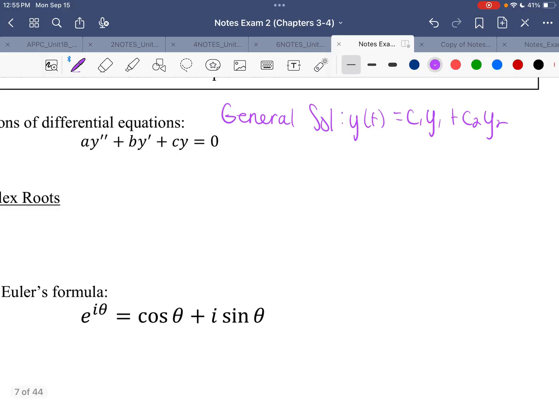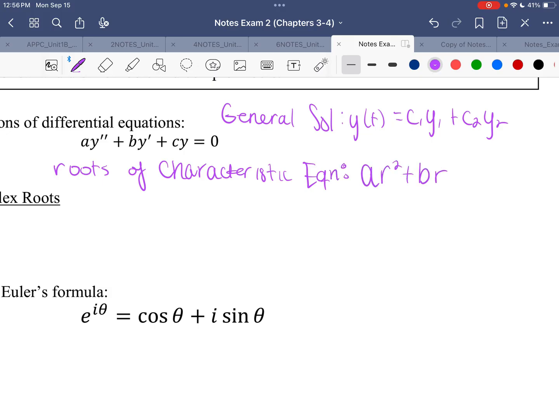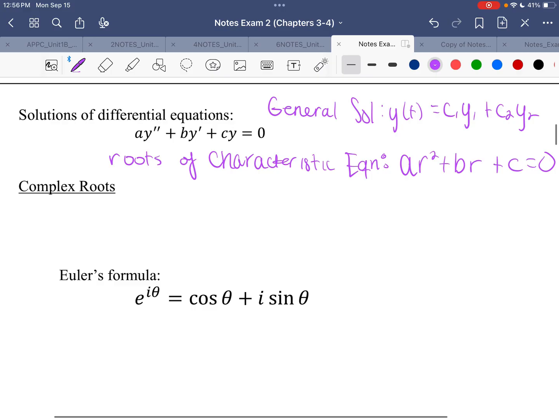And the r values, the roots, we need to find from the characteristic equation, which is a r squared plus br plus c equal to 0. This is how it works for homogeneous second order linear differential equations.